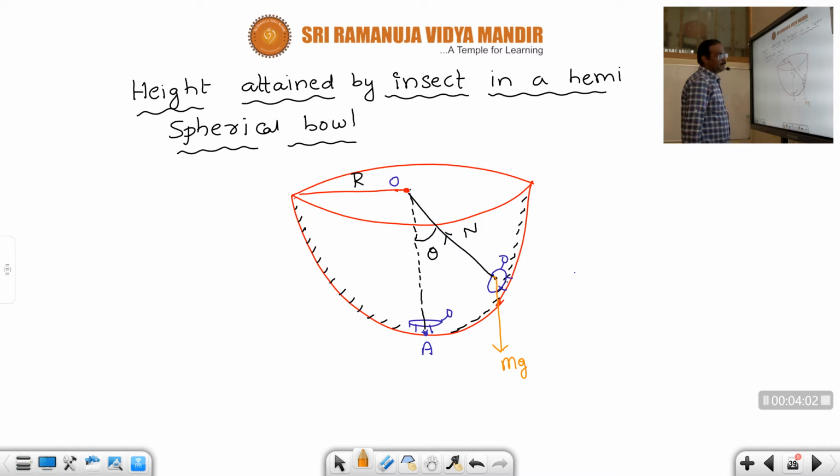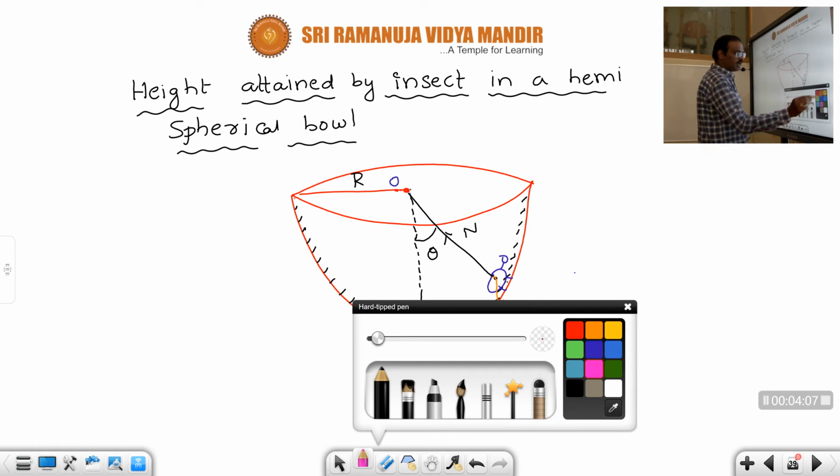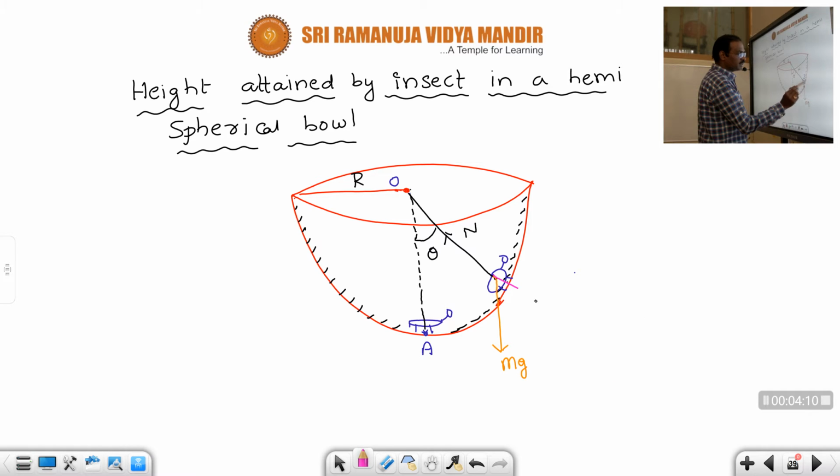If you resolve it into components, mg has two components: mg cos theta along the normal, and mg sin theta, the restoring force, because of which it would come back to point A. Let us say it is at point B.